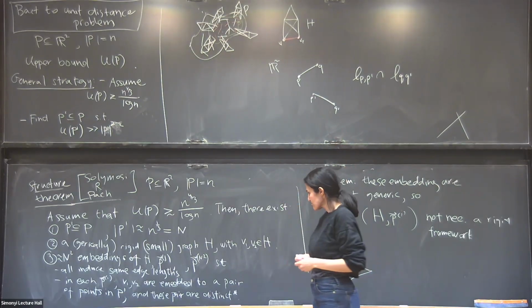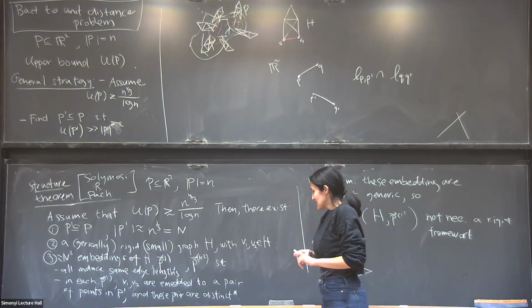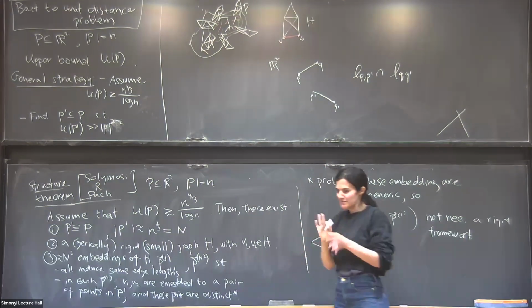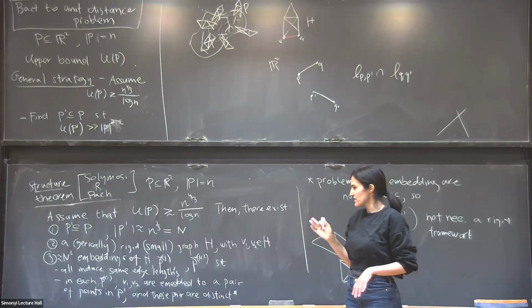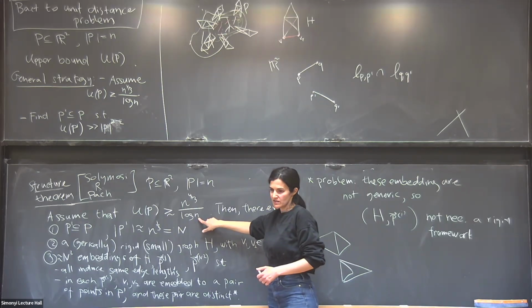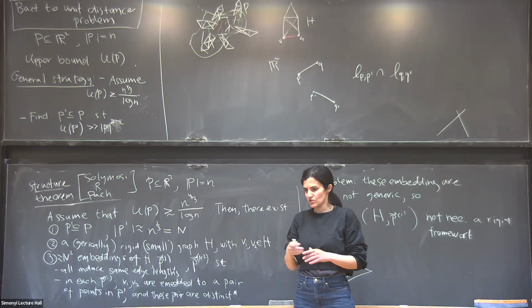Then why these parameters show up, why this saves only log n, or why do you get a quadratic number of embeddings even though you would need much less? Yeah, so there are many parameters, so I will not be able to answer everything, but the reason we get this log n is because we use pigeonhole a lot.